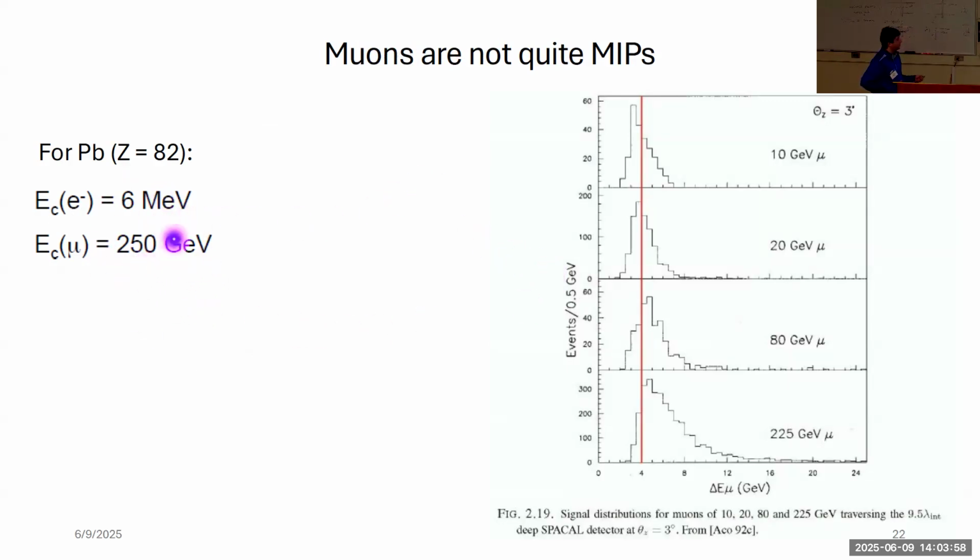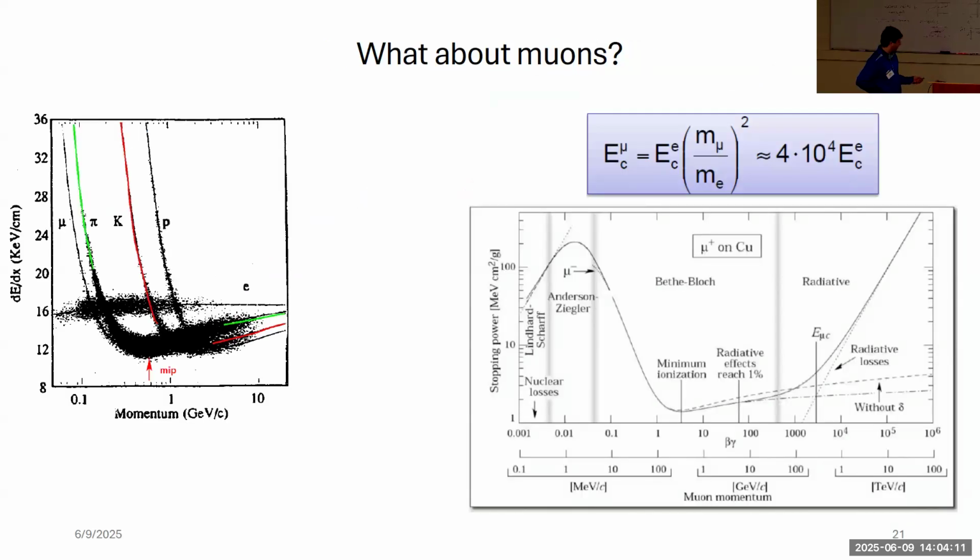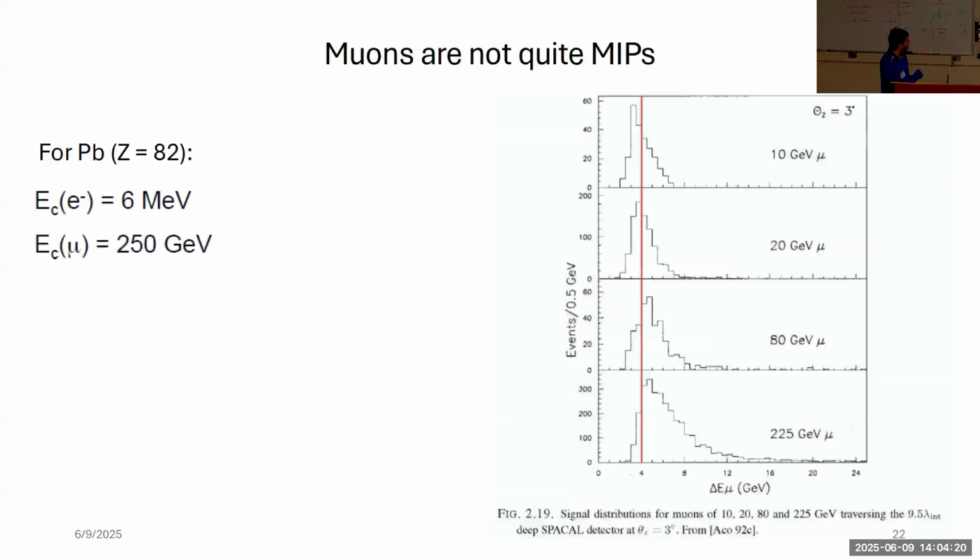So, for example, even in a lead calorimeter, the critical energy for muons is 250 GeV. So for some of these larger energy muons, they will actually be farther along this curve, so they'll have both ionization and radiative losses. But I think the important point is that muons are quite penetrating, and they will lose the energy primarily through ionization and won't induce really a shower.